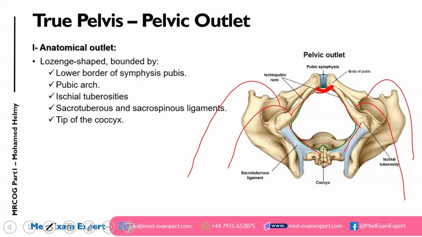This is the symphysis pubis, lower border, and then the pubic arch, the two inferior pubic rami, then the two ischial tuberosities, these bony projections. Then we have two ligaments here, the sacrotuberous and sacrospinous ligaments, then the tip of the coccyx. This diamond-shaped or lozenge-shaped structure is called the anatomical outlet.